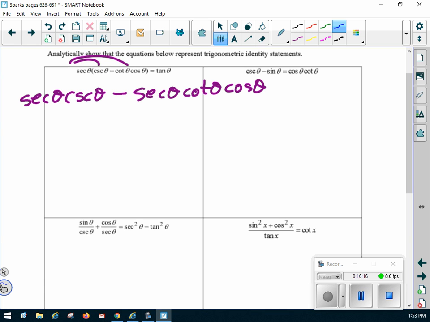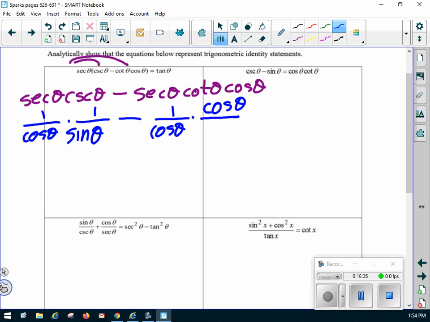What's this? 1 over cosine times 1 over sine, minus cotangent, which is cosine over sine, times cosine theta. I can cancel a little bit.